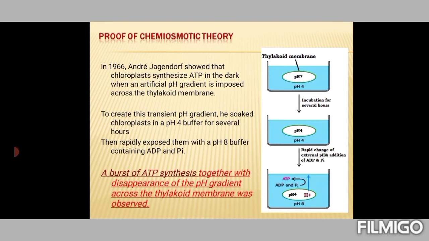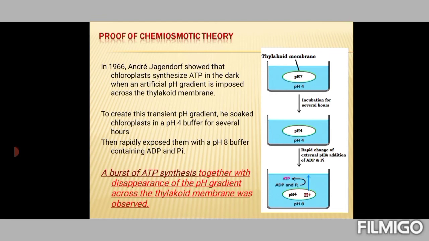That was in 1966 by a person named Andre Jagendorf. What he did was that chloroplasts were maintained at a normal pH of 7, and were suddenly taken into a solution having pH 4. Now the chloroplast acquires pH 4 inside, and the outside solution in which the chloroplast is placed suddenly changed to pH 8, along with the addition of ADP and inorganic phosphate.